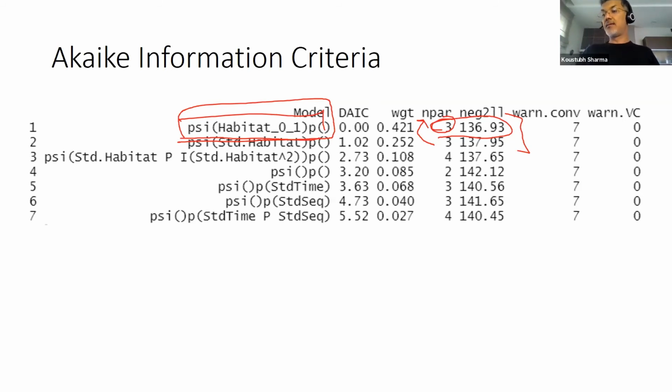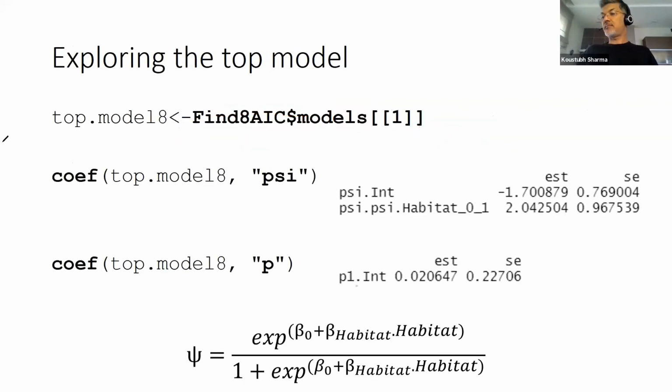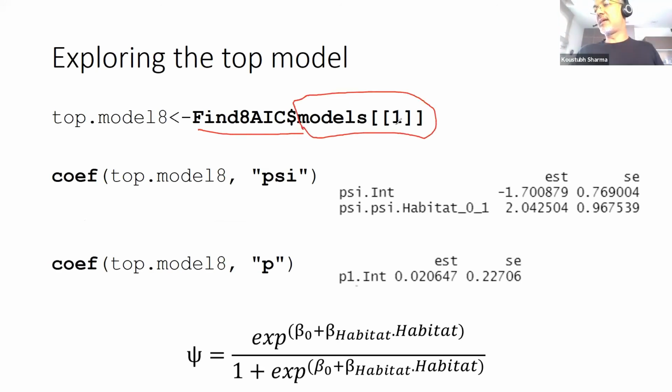And that's the estimator which we are now going to see and explore. What does it say? To come up with what the model is showing, there's another very easy way. Once you have an AIC table, you click on model and give the address as the first one, and that's the top model.